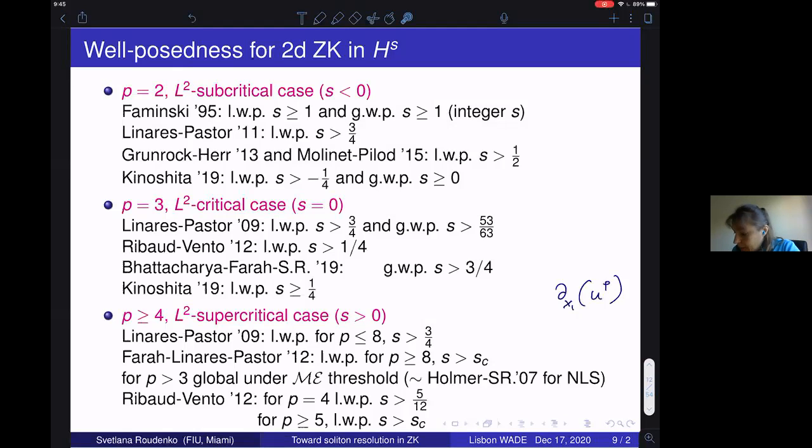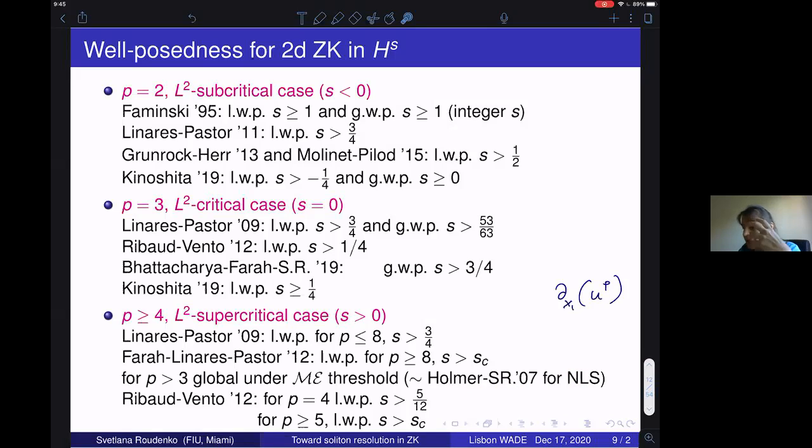The local well-posedness for p less or equal to 8 was done for s greater than 3/4. Then the improvement was for s greater than s_c, for p greater or equal to 8. And for p greater than 3, you can also get the global well-posedness, the so-called mass-energy threshold, which we introduced with Justin Holmer for the NLS equation.